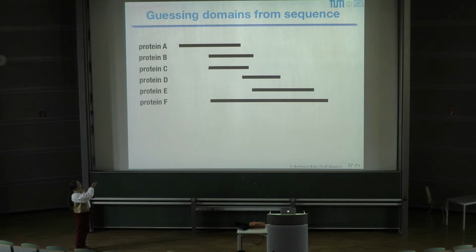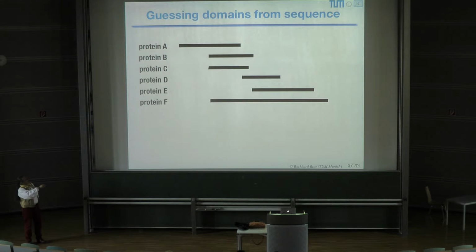And we started with a protein, this protein here. And we found another protein that is aligned to it. So this is the entire protein, the black bar here. And you find another protein B, another one C, D, E, F. Now in this particular case, you may argue, okay, what I see here is a protein that has two domains.